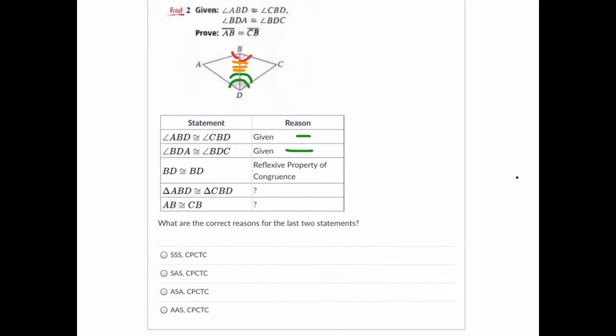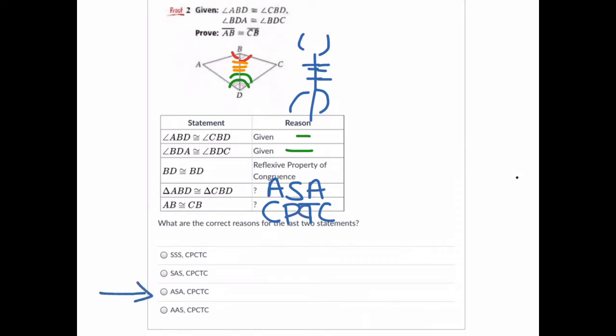So if you notice, we have an angle, and then we have a side, and then we have an angle for both of those triangles. An angle, a side, and then an angle. So we have those triangles congruent by angle, side, angle. And once we have the triangles congruent by any means, in this case, angle, side, angle, we can use CPCTC, forgot a C in there, to prove all the corresponding parts are congruent. So the answer is ASA and CPCTC.